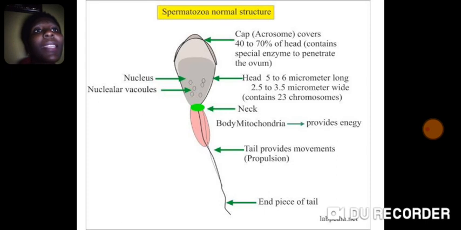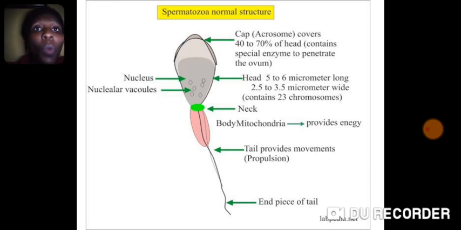Now, taking a look at the structure of the male sperm cell, the spermatozoon, Z-O-O-N, and spermatozoa, Z-O-A, is the plural. So spermatozoa is the plural form of spermatozoon.